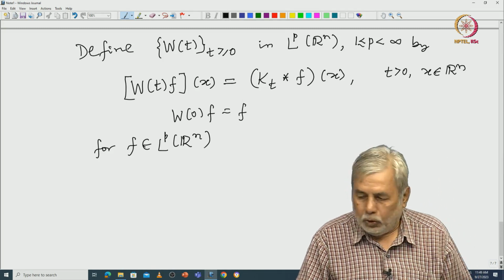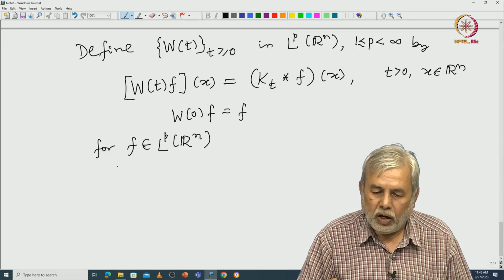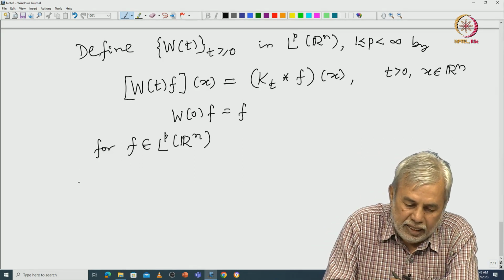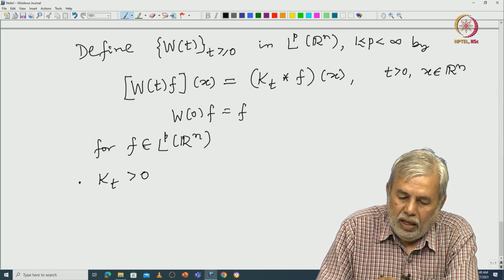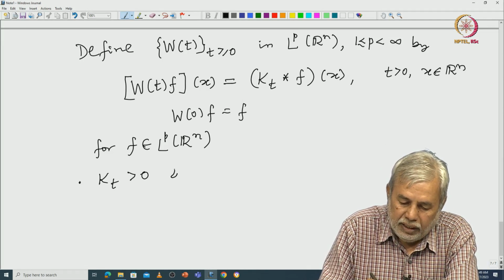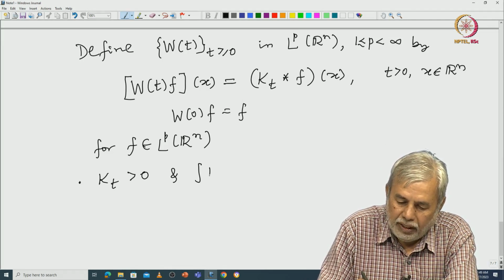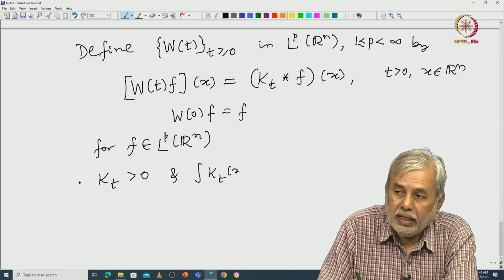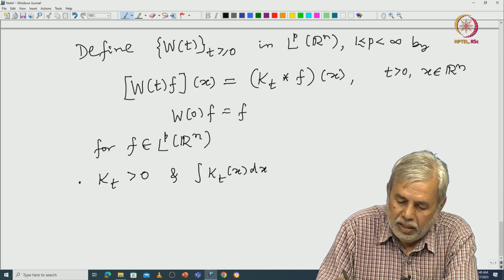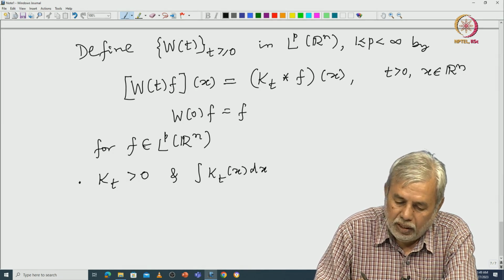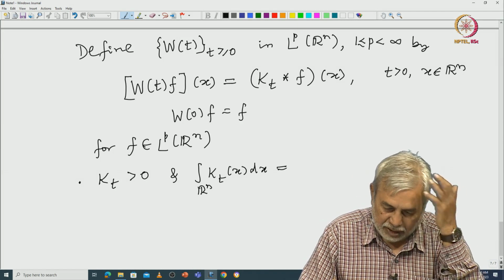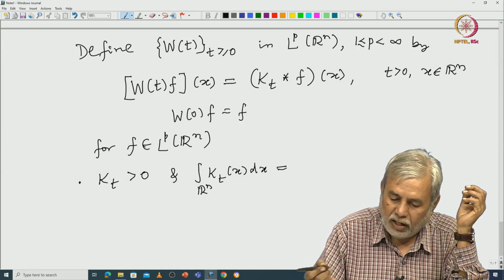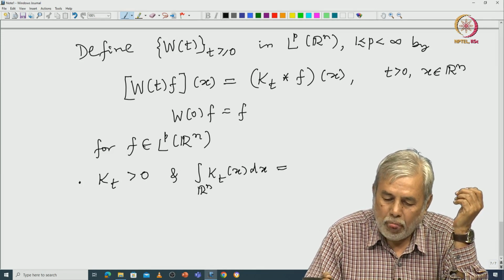Okay. So two important properties we constantly use about K t are that K t is a positive function and the integral of K t of x dx over Rn, so even if I forget to write, in this lecture the discussion on heat equation is over Rn. In fact all the equations we only deal with are in Rn.